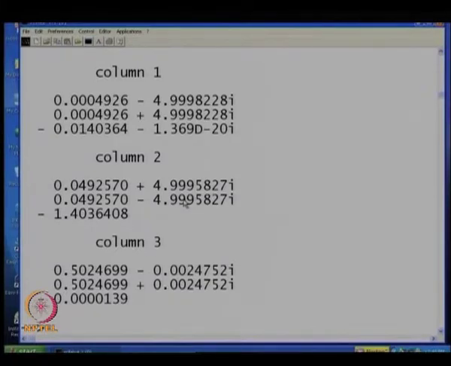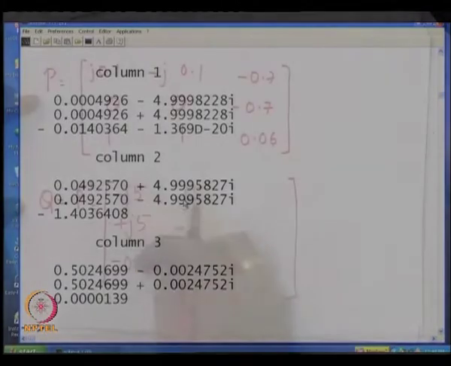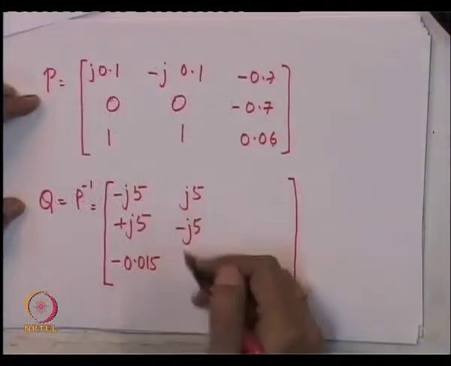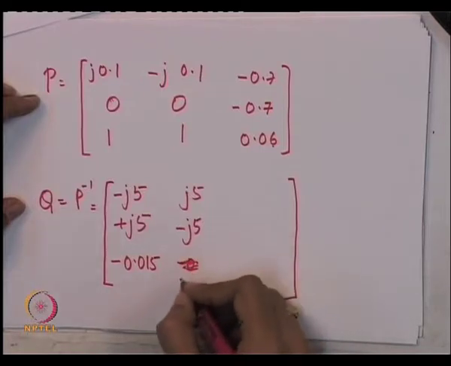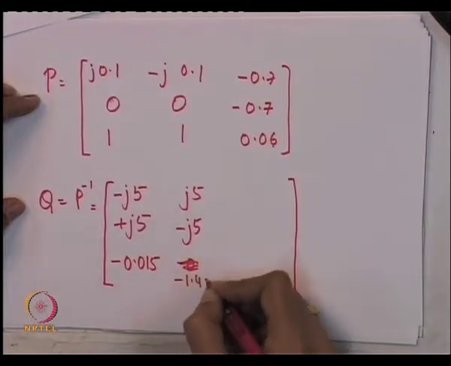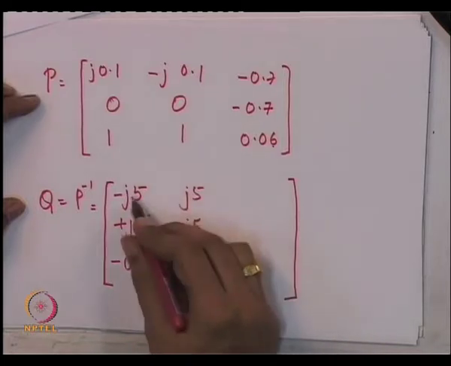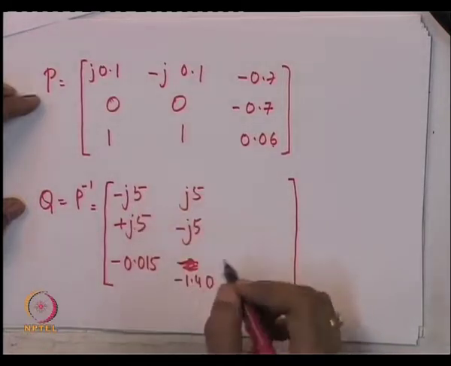It is minus j 5, plus j 5 approximately, and this is roughly 0.015, and this is j 5, minus j 5. It is not a surprise that this eigenvector is the complex conjugate of this. So, sorry, minus 1.40, this is a complex conjugate.